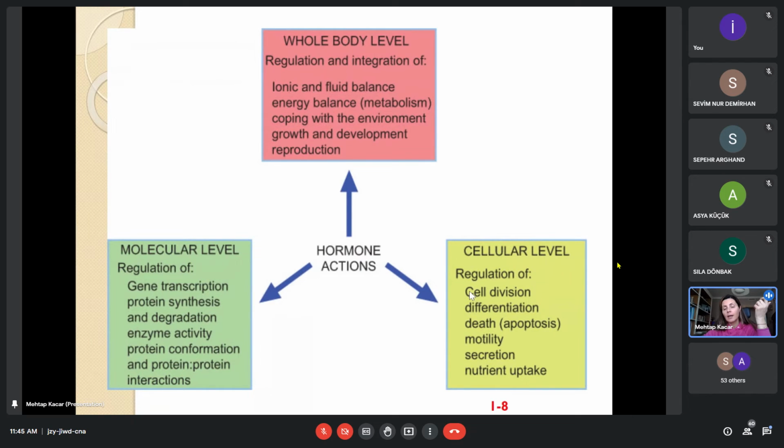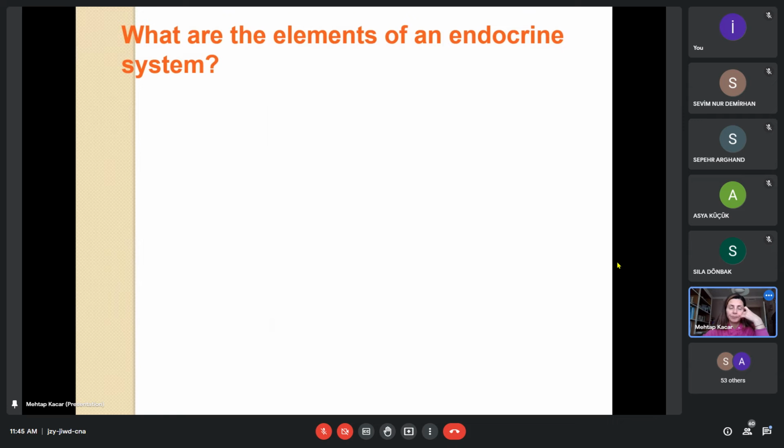At cellular levels, hormones can regulate cell division, cell differentiation, cell death, motility, secretion, or nutrient uptake. At whole body level, they lead to regulation and integration of the ionic and fluid balance, energy balance, coping with the environment, growth and development, or reproduction.